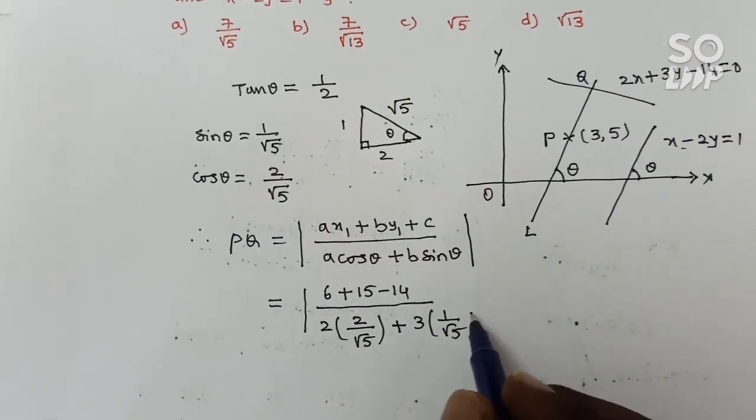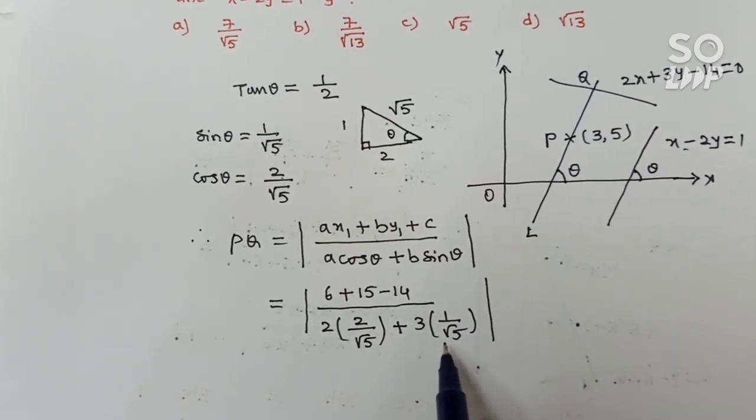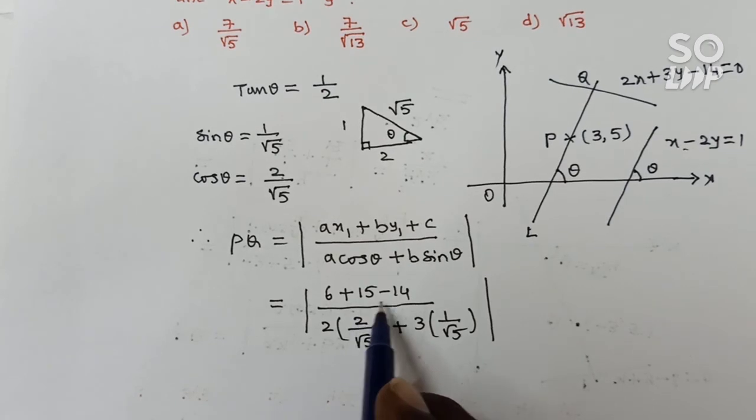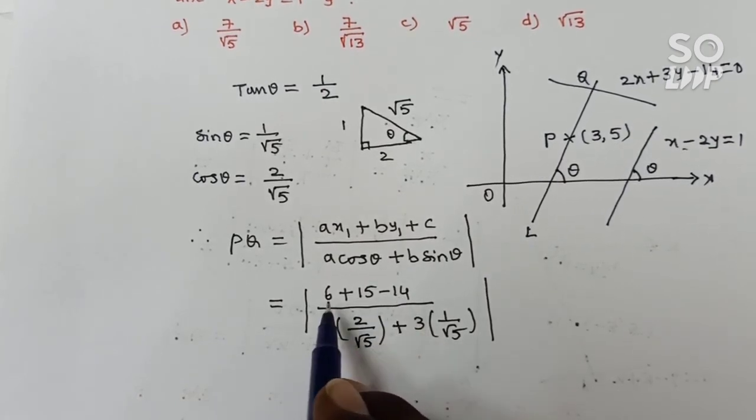Okay, see this one. Here it is 4 by root 5 plus 3 by root 5, 7 by root 5. The numerator value is what? 15 minus 14 is 1. 1 plus 6 is 7.